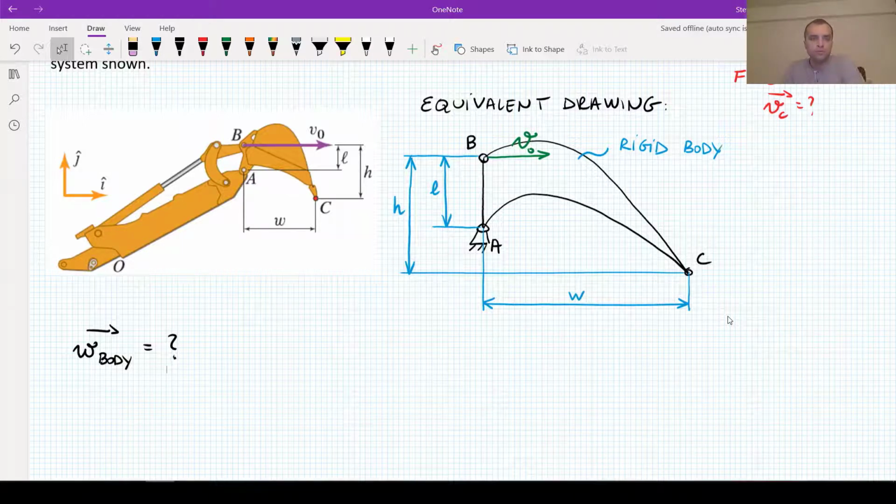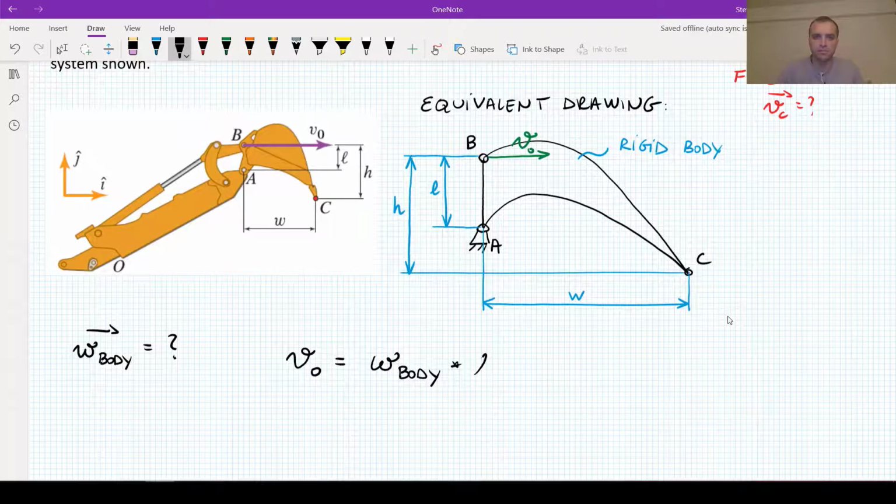For those of you who figured it out, congratulations. And for those of you who just came here to put their notes together, here's the answer. So I believe that V0 can be expressed as omega body times L. That's why omega body is equal to V0 divided by L.